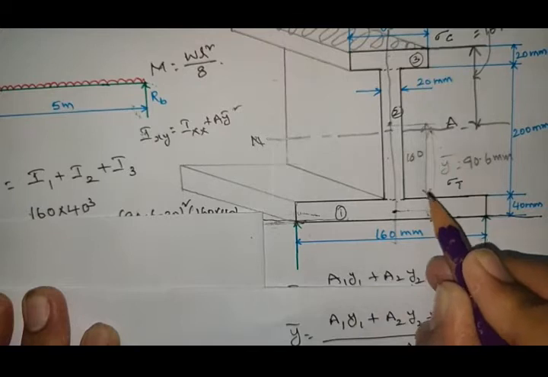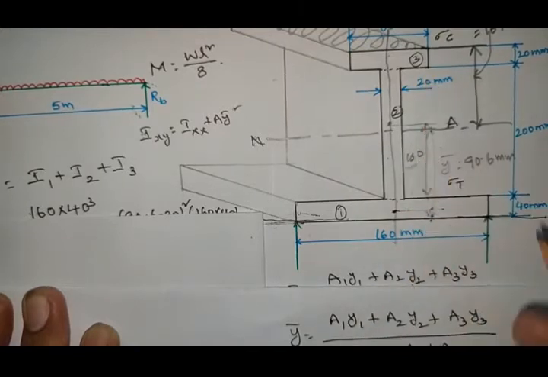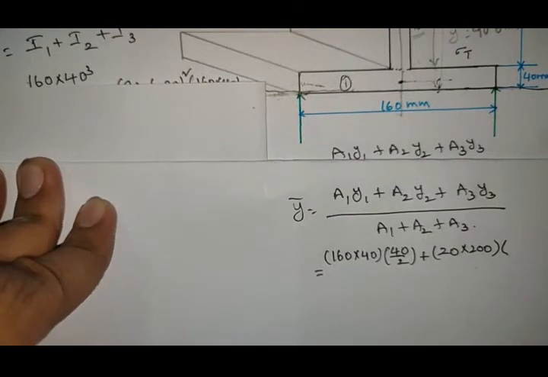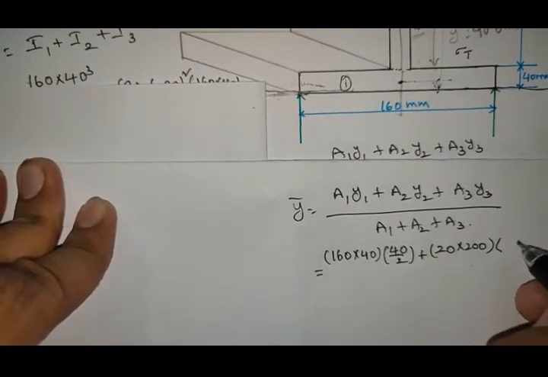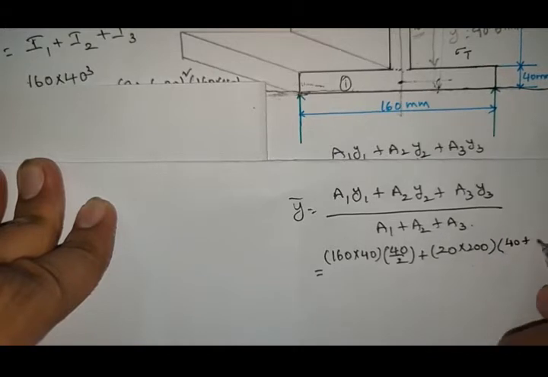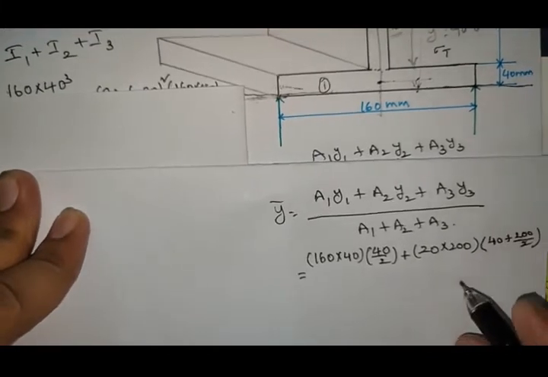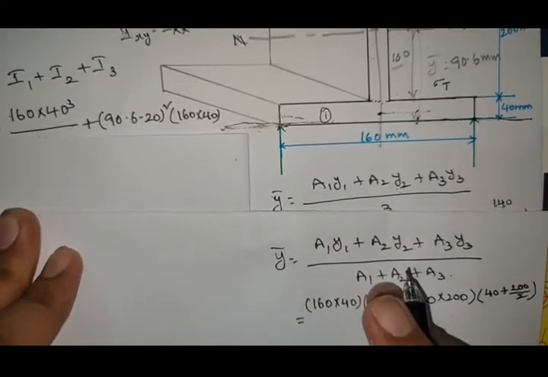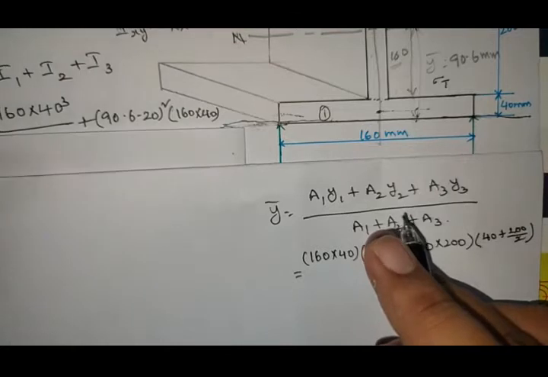So 40 plus 200 by 2, that is 100. Okay, so now let us write that value. 40 plus 200 by 2, plus a3.